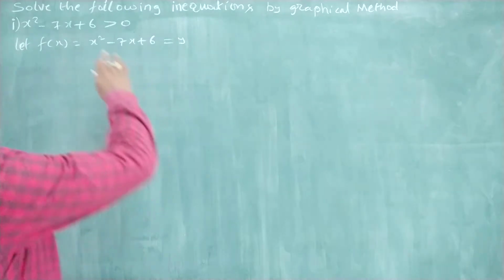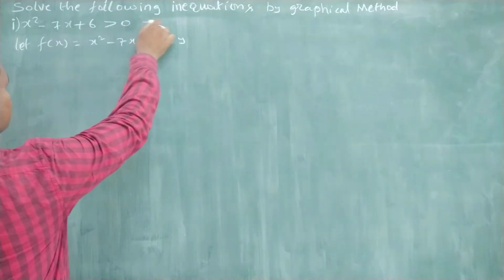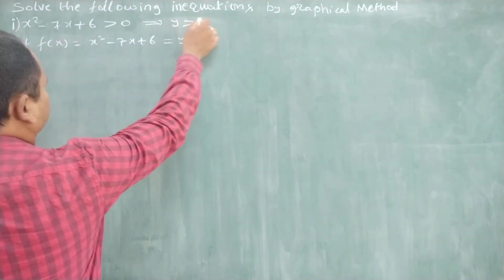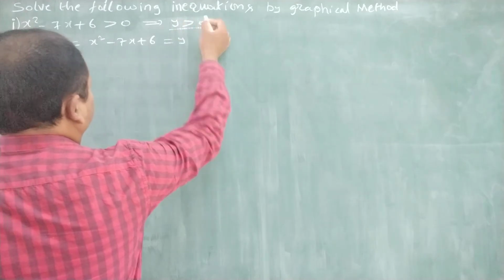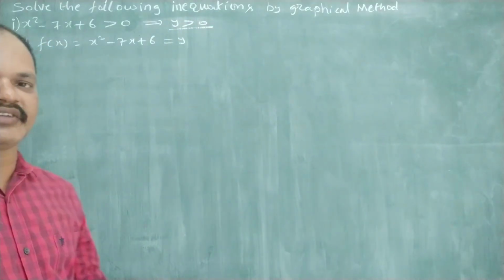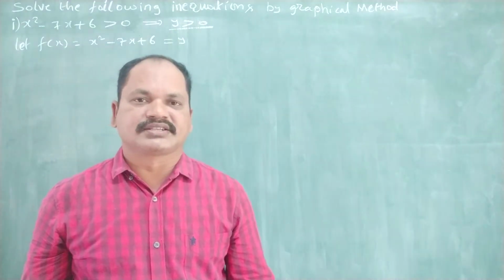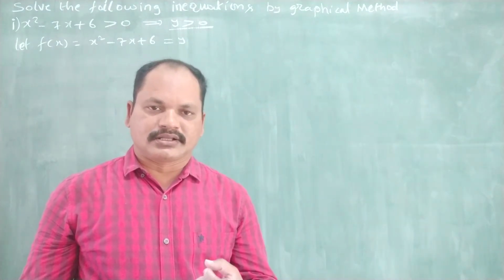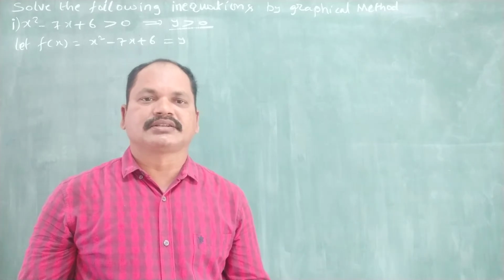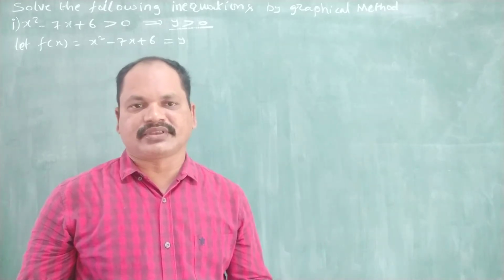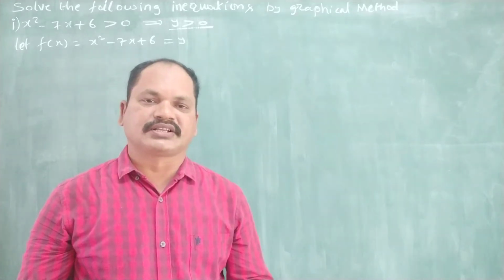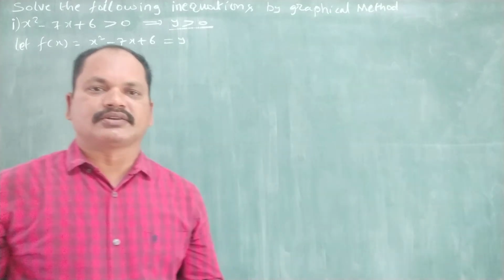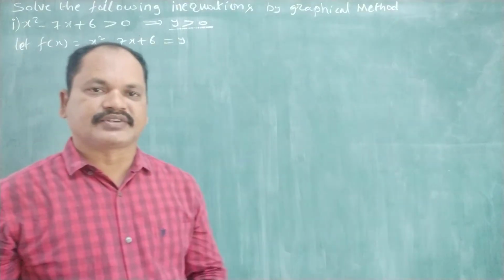From the given condition, y is greater than 0. That is the inequation. Now we have to take the values of x which satisfy the inequation y greater than 0.